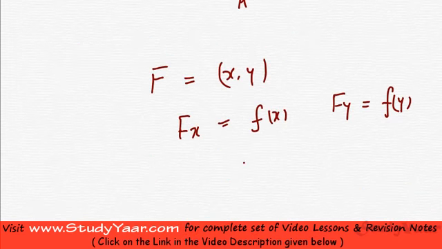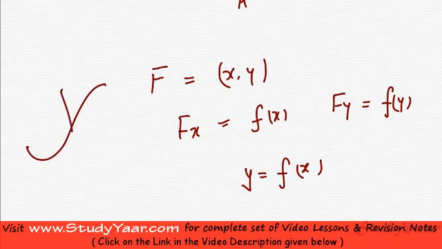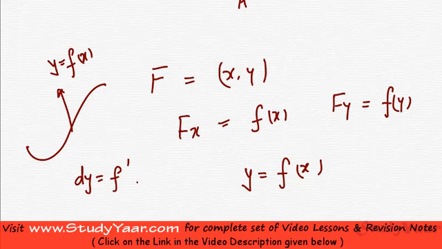I also need to know the path of the curve. If this is my curve, and I know y is equal to f of x, then my dy is equal to f dash x dx.